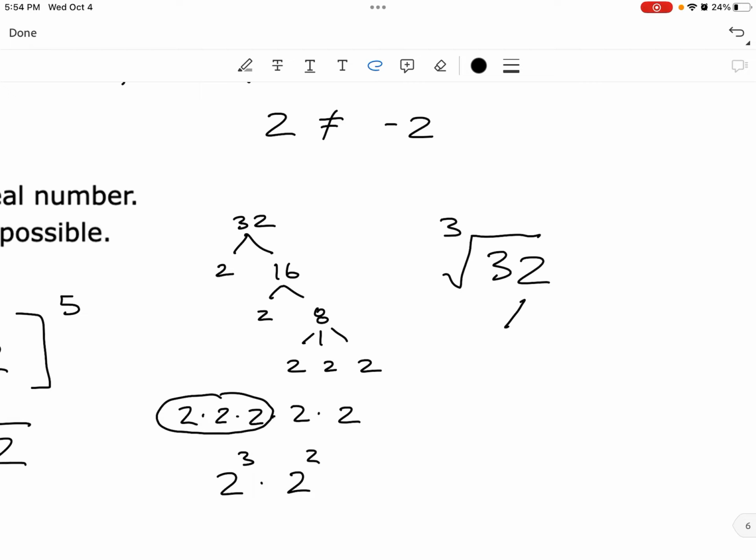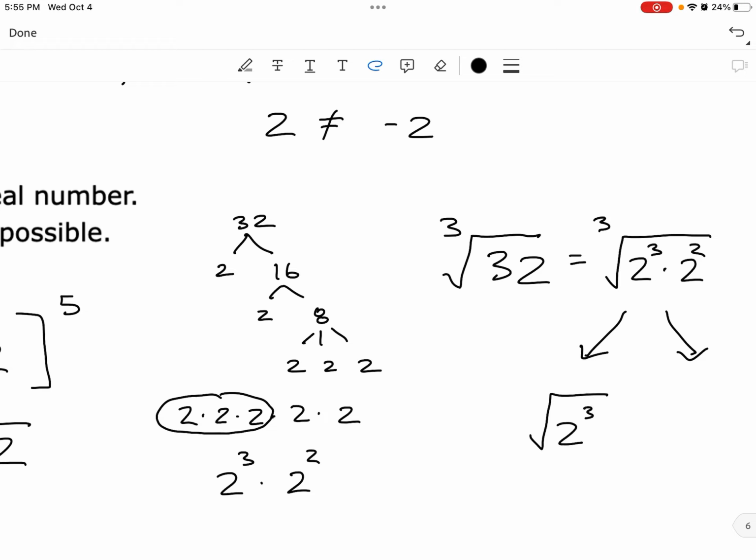So when we break this apart, the cubed root of 32 is the same thing as the cubed root of 2 cubed times 2 squared. Now we'll break this apart into the cubed root of 2 cubed times the cubed root of 2 squared.